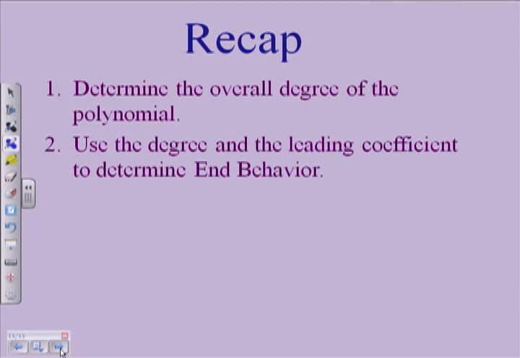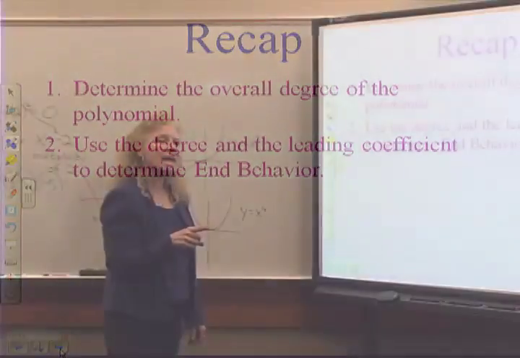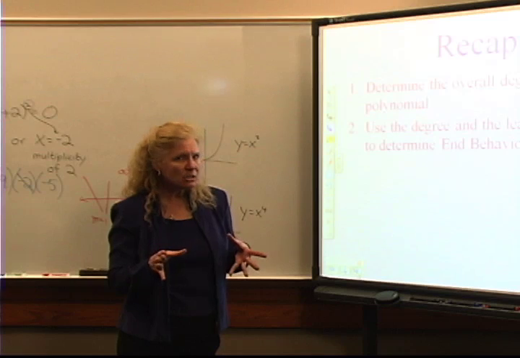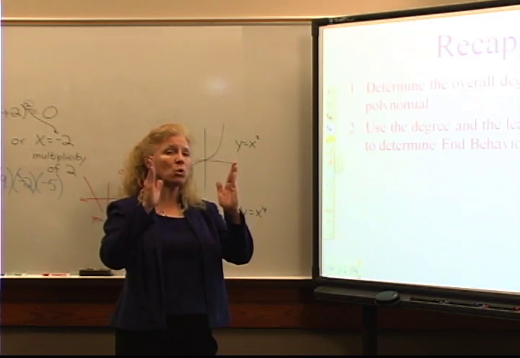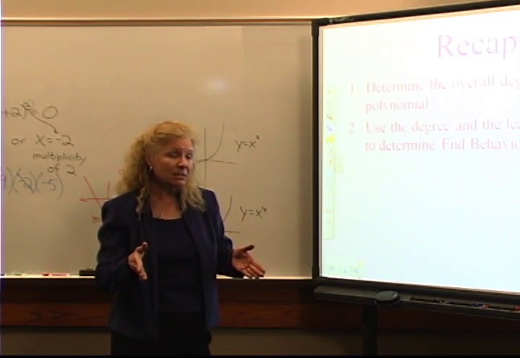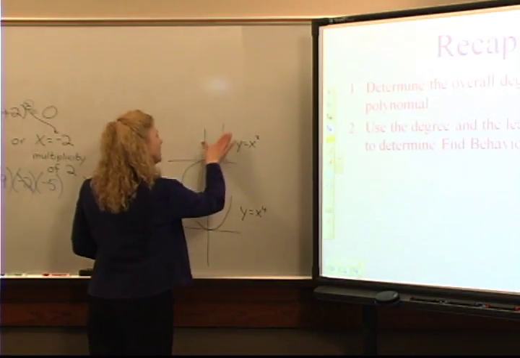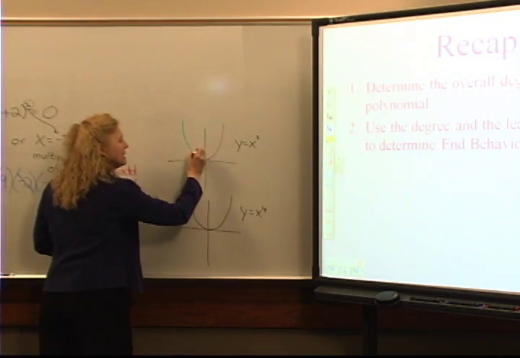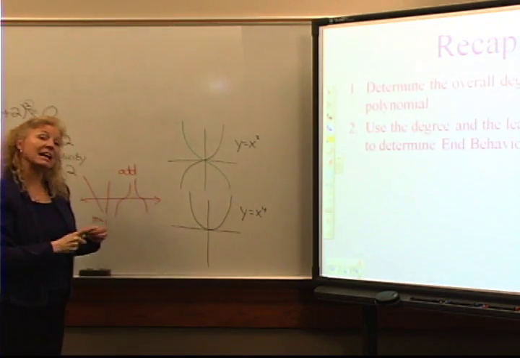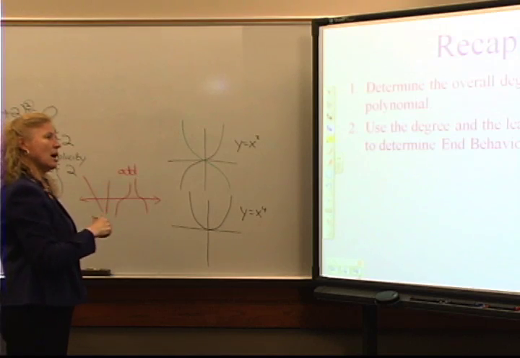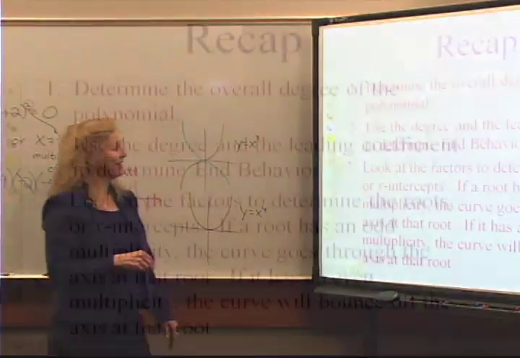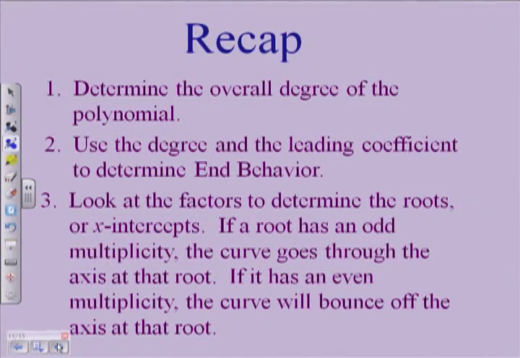Now use that degree and your leading coefficient to determine the end behavior. And of course, the only thing that leading coefficient is really going to add to the story is whether you're opening upward or downward for the evens, or whether you're going in this direction or in this direction in the case of the odd degrees. And then you'll look at your factors.